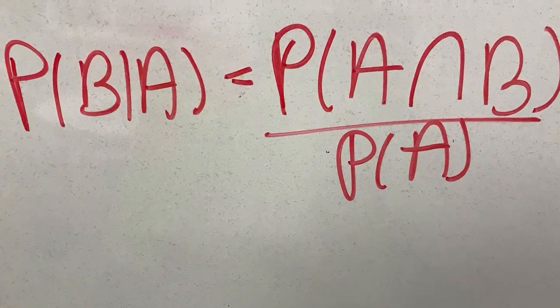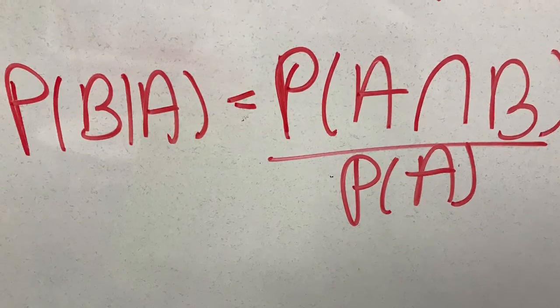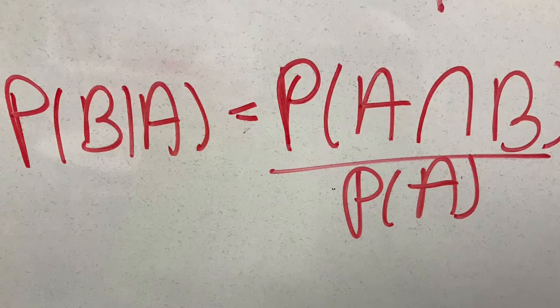The formula that needs to be used for this type of problem is to divide the probability of A and B divided by the probability of A.